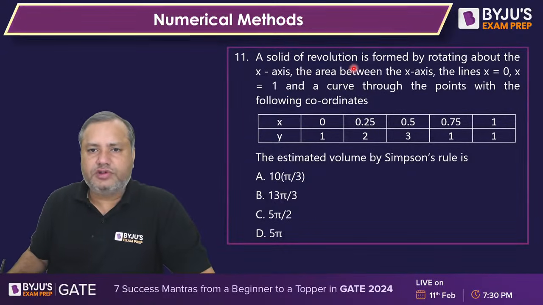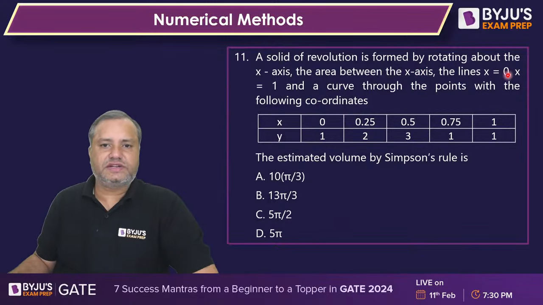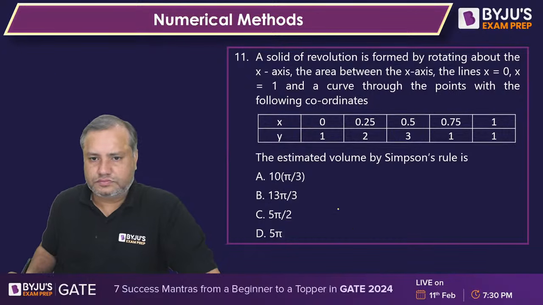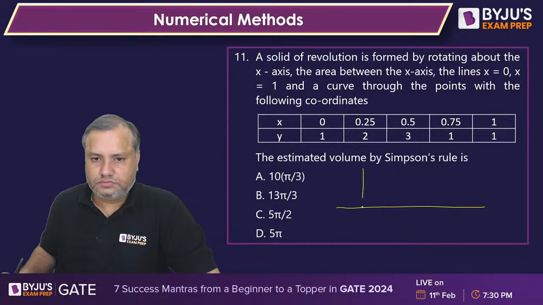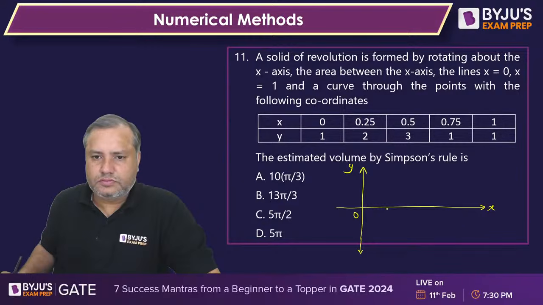A solid of revolution is formed by rotating about the x-axis the area between the curve, the x-axis, and the lines x equal to 0 and x equal to 1. So what you need to do? Here, values of x are 0, 0.25, 0.5, 0.75 to 1.